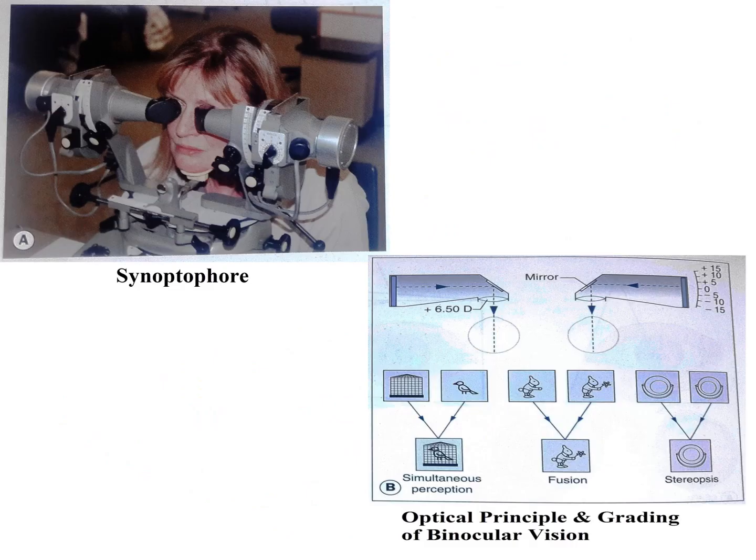With the help of the synoptophore, we can assess the three grades of binocular single vision. A separate picture is introduced in each limb, for example, a bird and a cage, but due to simultaneous perception, the individual sees it as a bird in a cage. That is the first grade of binocular single vision.